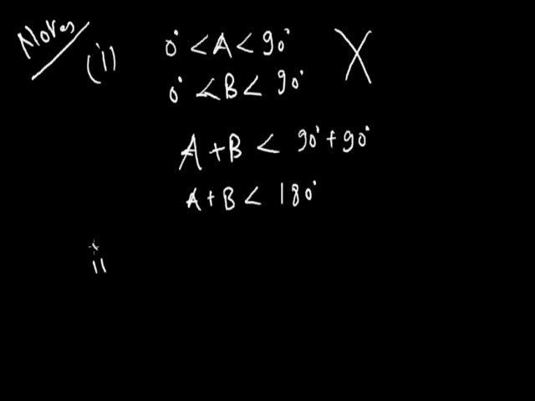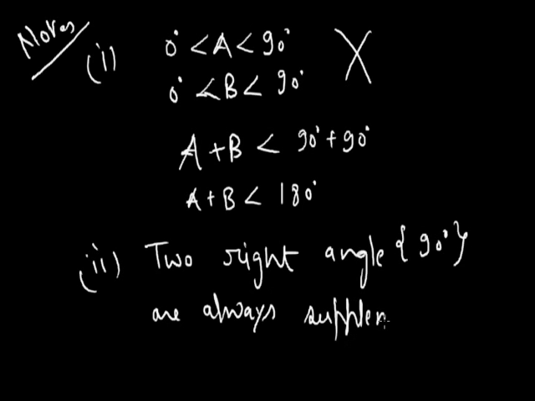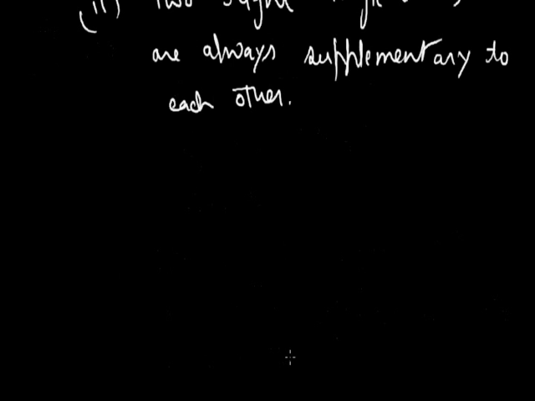Second point being that two right angles. What is a right angle? An angle whose measure is 90 degree. This is the definition for right angle. Two right angles are always supplementary to each other, as you can verify this condition, as the sum of two right angles is always 180 degree.